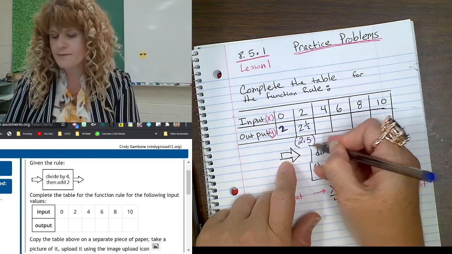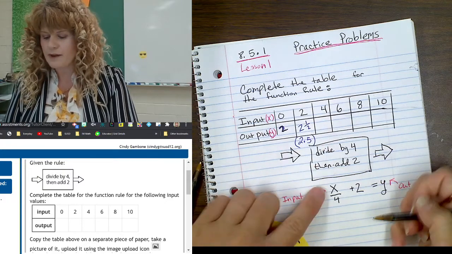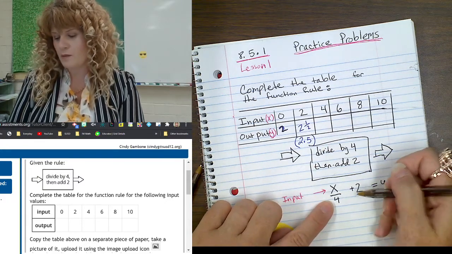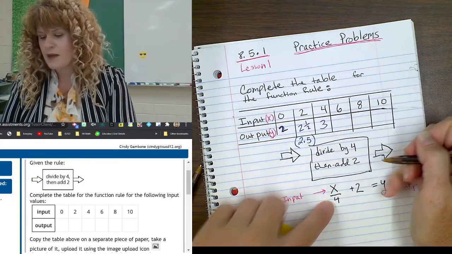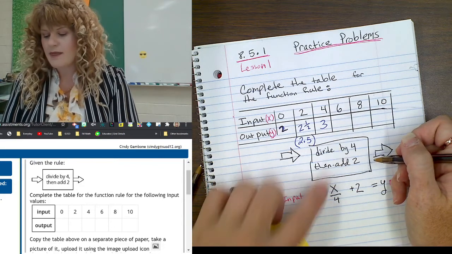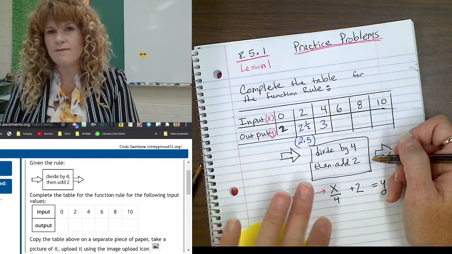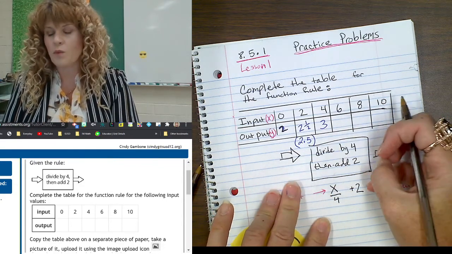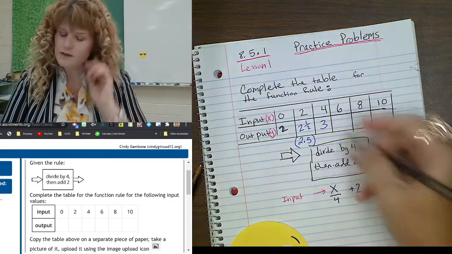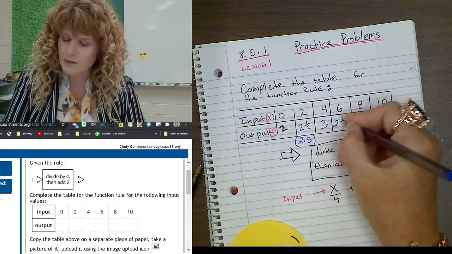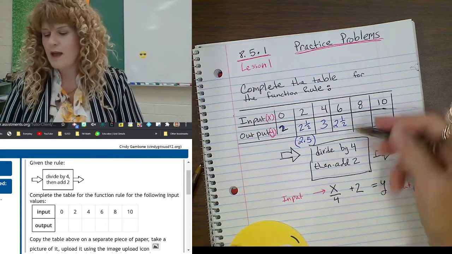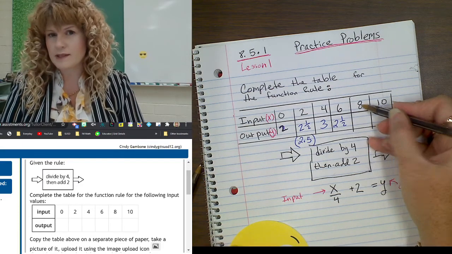That's the same. If the input is 4, then 4 divided by 4 is 1. 1 plus 2 is 3. If the input is 6, then 6 divided by 4 is 1 and 1/2. Plus 2, the answer is 2 and 1/2. 8 divided by 4 is 2.